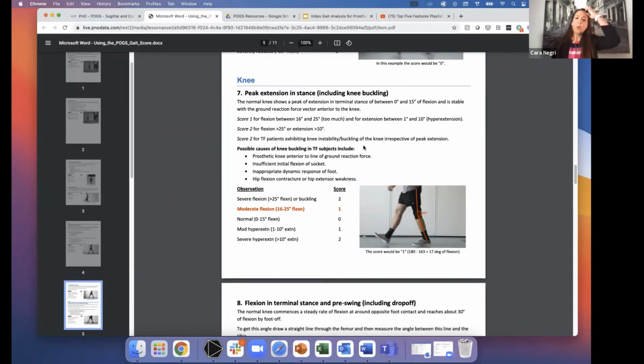And in our clinic, I decided to start with transfemoral patients as my first cohort of wrapping our head around working video analysis into our practice, mostly because these are our patients that do have the most mobility risk and fall risk, and there's just usually a lot more going on.